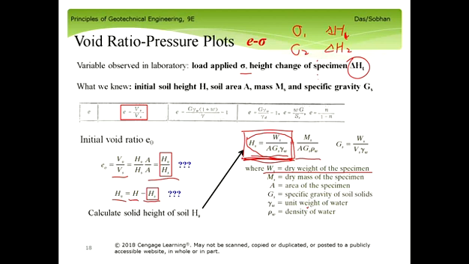That is the total H minus h_s, right? So as long as you know H, final H under each loading step, and h_s never changes, calculate h_s, use each H to minus h_s, you get the height of voids on each loading step. Each one divided by h_s gives the void ratio. Then you can get 1, 2, 3, 4, 5, 6, 7 pairs of data.